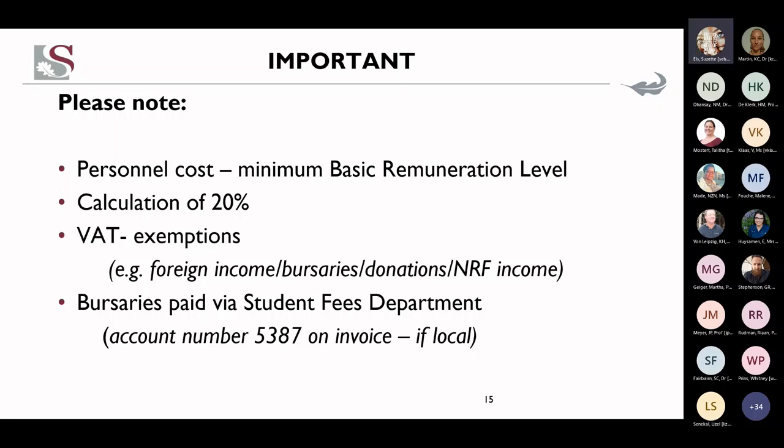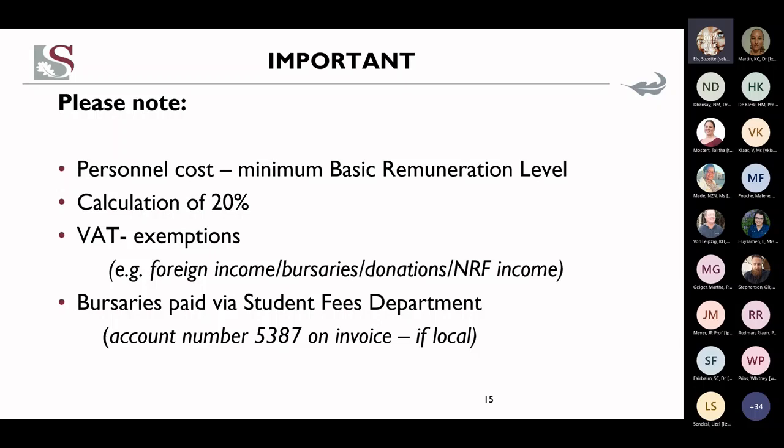So if you apply to a local funder, always take into account the VAT percentage, but the moment it's foreign funding, the VAT can be ignored on the full cost template. And then you specifically have to take out that part of the calculation or the formula on the full cost template.